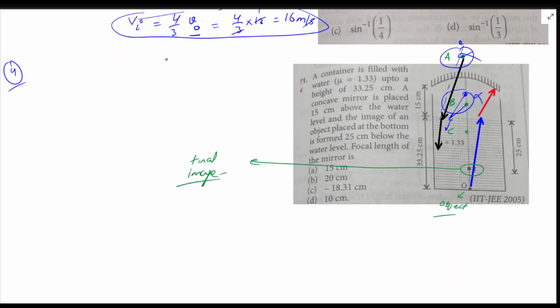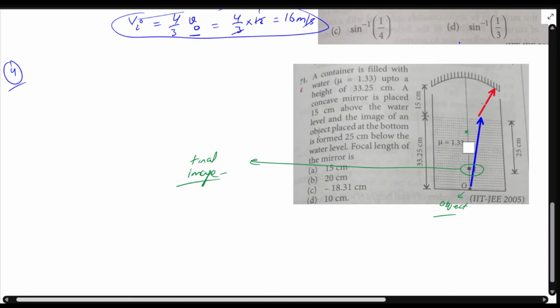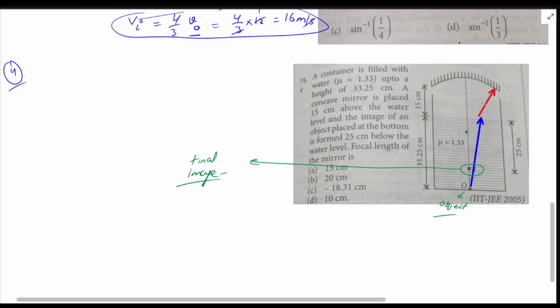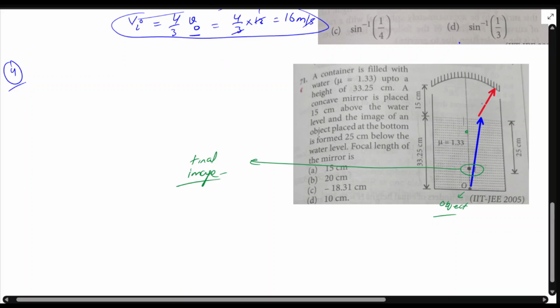Why? Look now, I'm clearing all this part here. Now let me show you. Look, if the image is forming here, that means the rays must be coming towards this point, right?